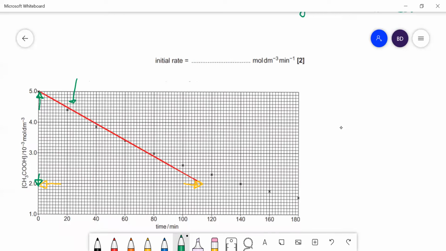So the gradient is going to be the change in y over the change in x. The change in y is going to be 5 down to 2, that's 5 times 10 to the -3 minus 2 times 10 to the -3, and the change in x, that's the time, so that's that yellow line there. That's going to be what?